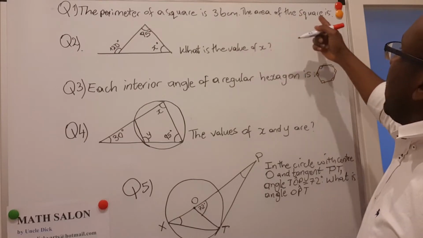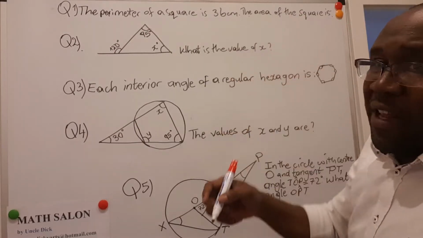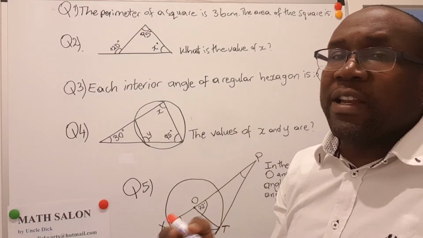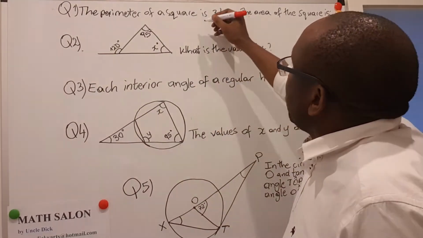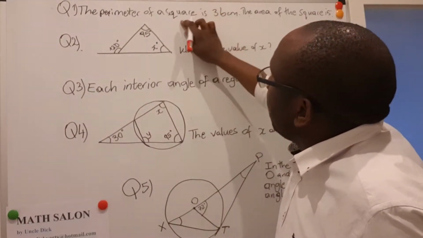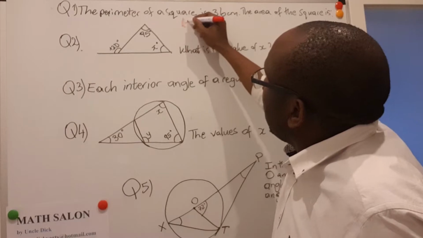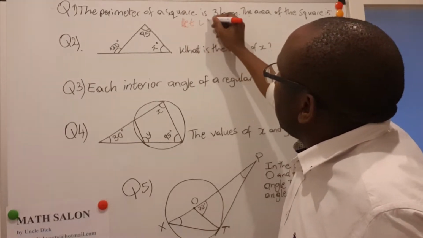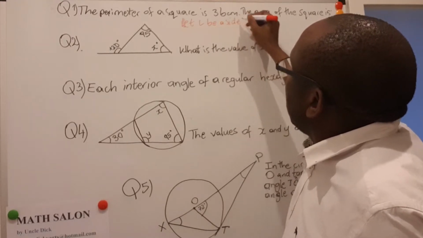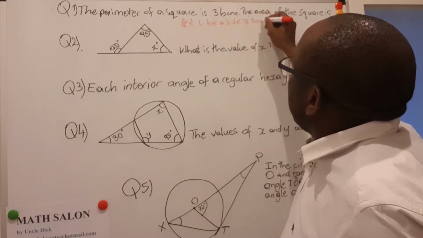The area of the square is, so the perimeter is just the distance round. So for a square, we know all the sides of a square are the same and there are 4 of them. So let L be a side of the square.